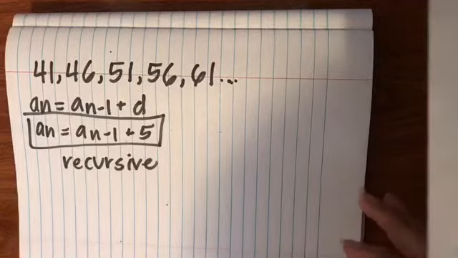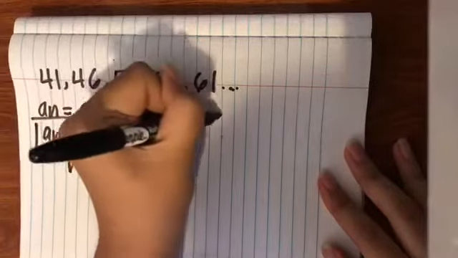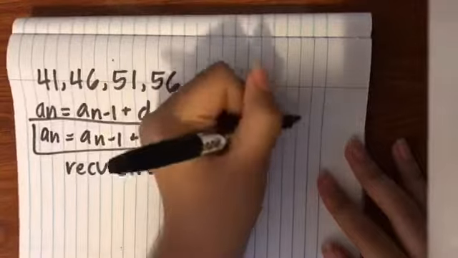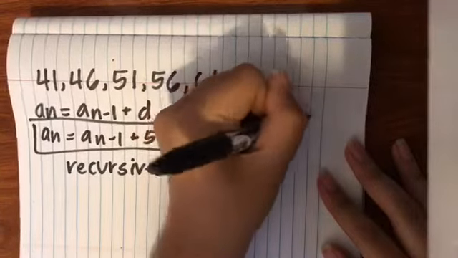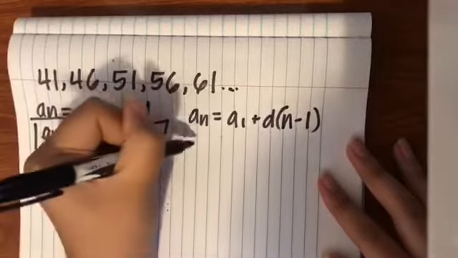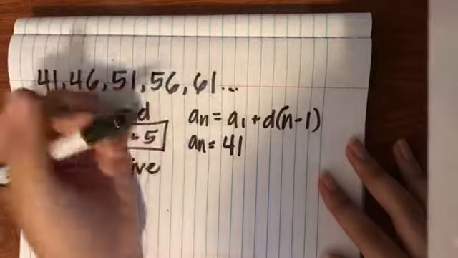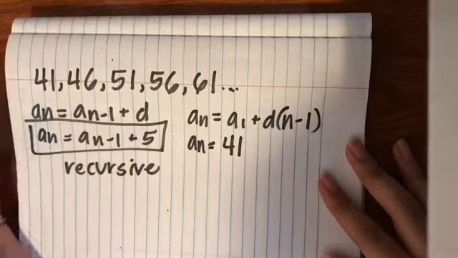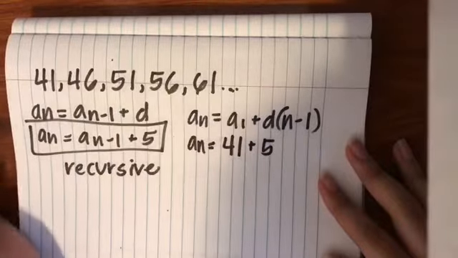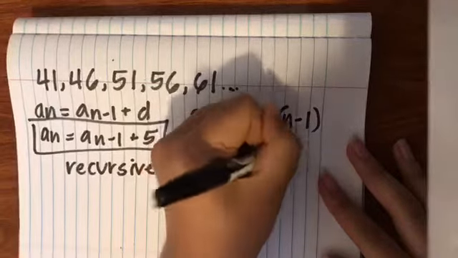So now to find the explicit formula, which we remember is a sub n equals a sub 1 plus d, which is your common difference, times n minus 1. Okay? So for this one, it would be a sub n equals 41, which is your first term, you can see right there, plus your common difference, which we've identified as 5, and then n minus 1.